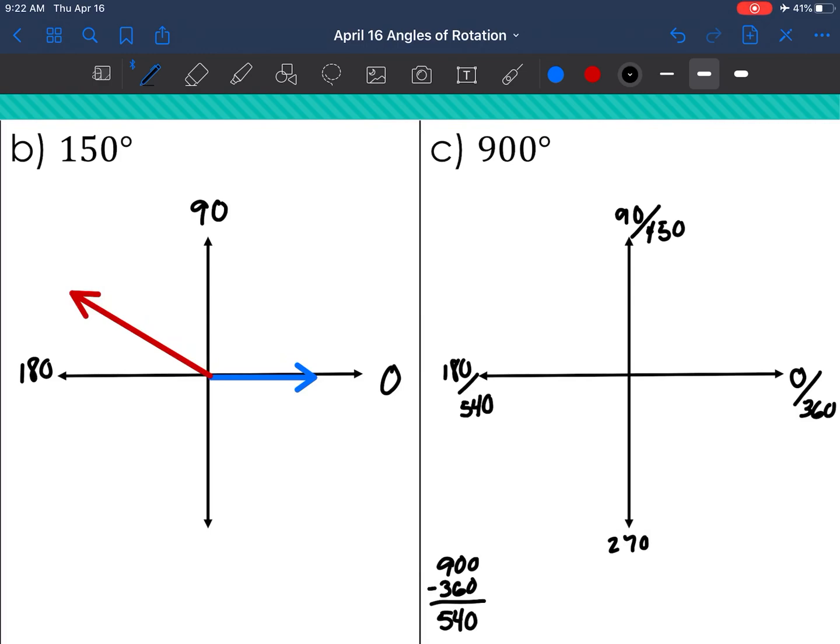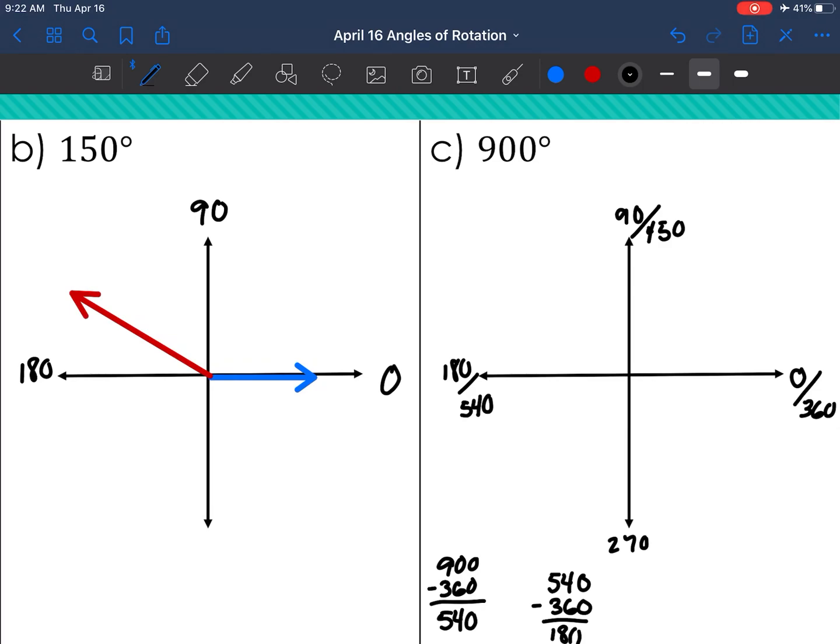Now 540 degrees, again, still doesn't fit on the graph, though I do have it written there, but let's say I didn't. So I don't know how to graph a 540 degree angle, so then I'll do the same thing. I will take 540, subtract a full rotation, 360 degrees, and so that would give you 180.